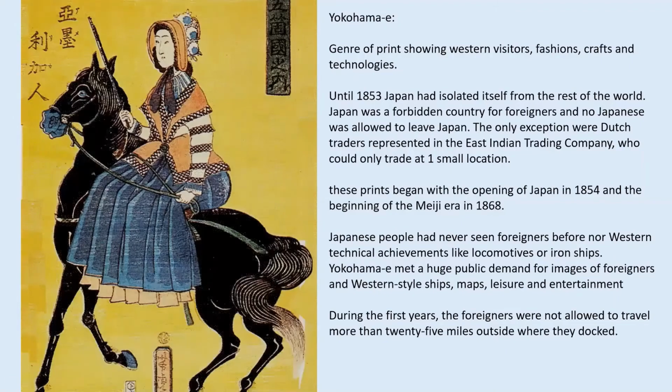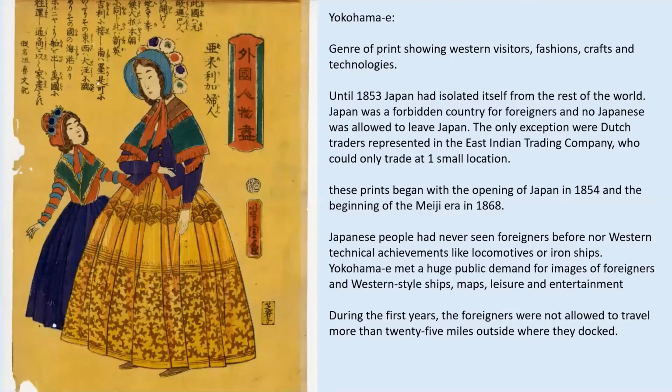And then we've got a lady in, I don't know what this period is, Victorian or Edwardian dress, looking very fancy on a horse, looking really warm. She's got her bonnet on. Yeah, and then again, we've got the ladies in their very, very modest fashion, all their big skirts and their hoops and their layers. Yeah, so that's Yokohama-e.